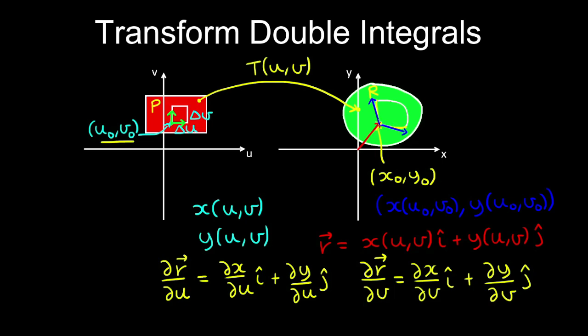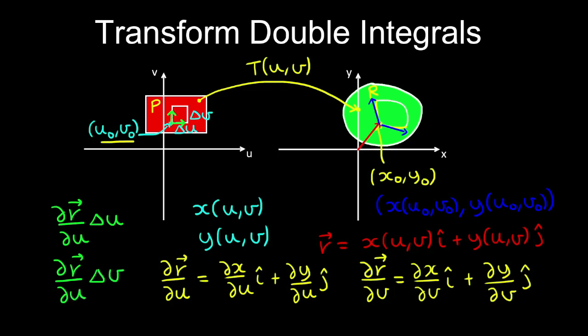So essentially, if we multiply this tangent vector, being the partial of r with respect to u, by an increment delta u, so that means we walk an increment delta u along the tangent vector, and for the other tangent vector, we multiply it by an increment of delta v.